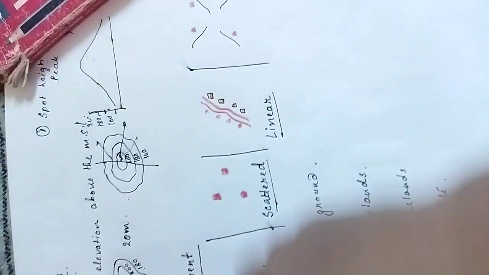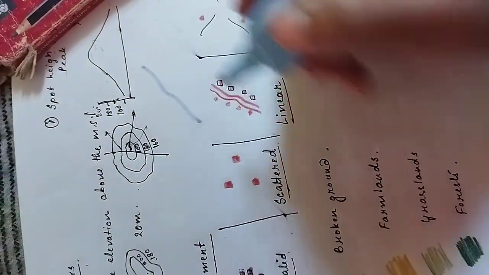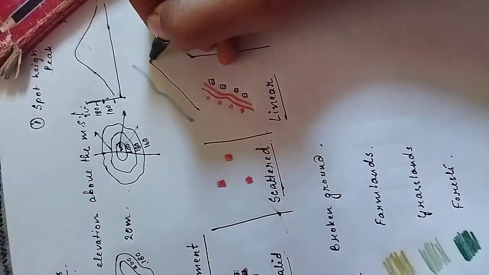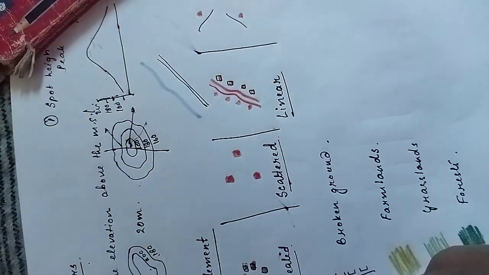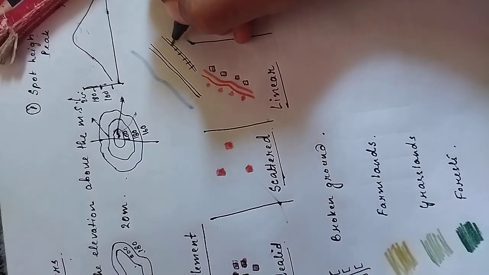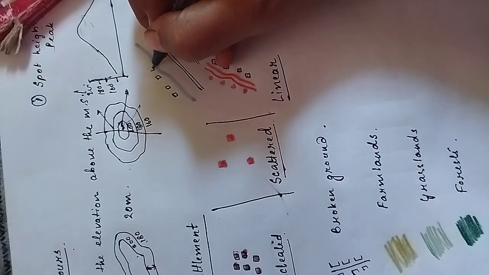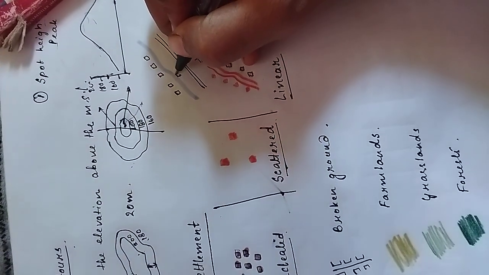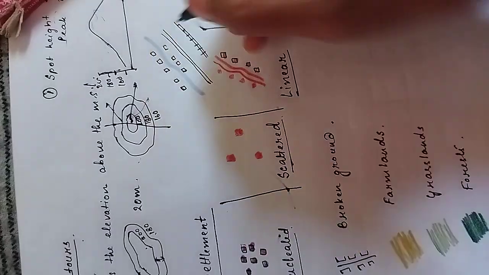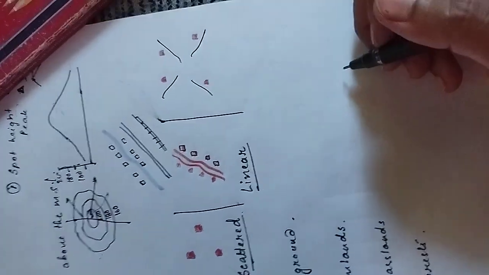A river always flows like this, and metal roads are always denoted in a straight line. Or a railway track is like this, the railway line. So when the settlements are just beside this particular feature, and the settlement also develops in a linear pattern, then we can say it is a linear settlement.